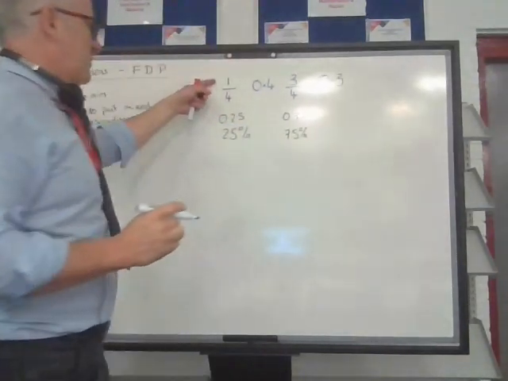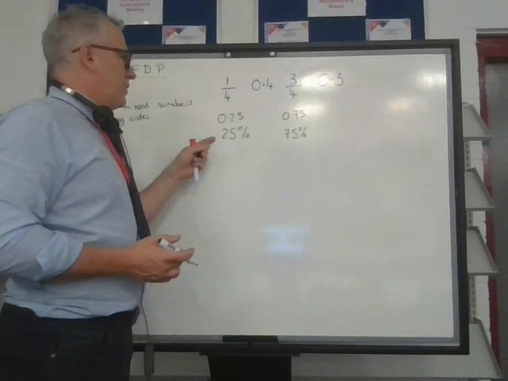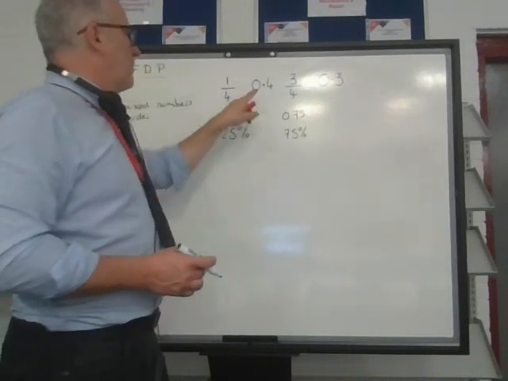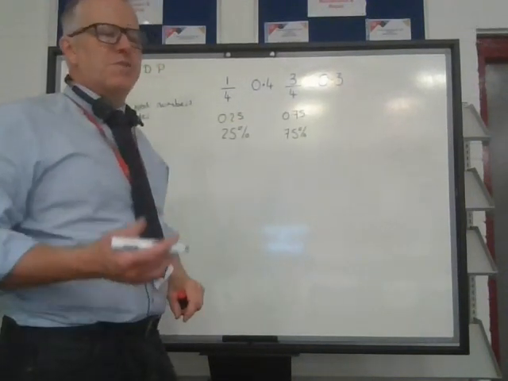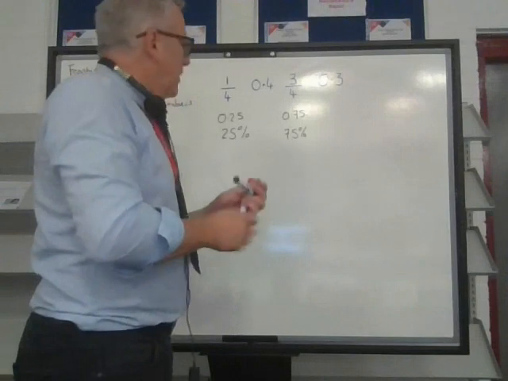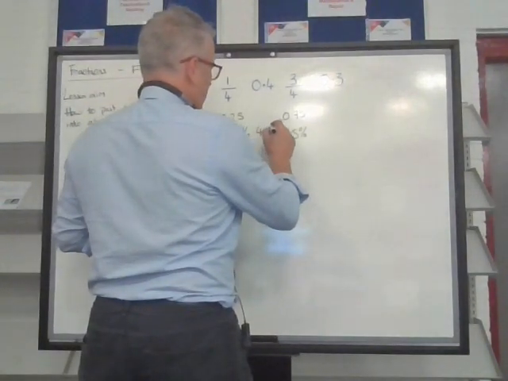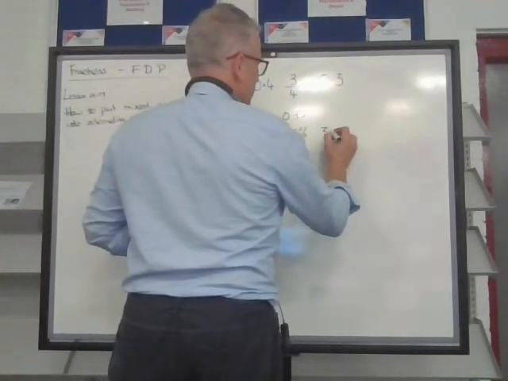I'll prove that in a minute, but it's common knowledge that a quarter is 25% and 3/4 is 75%. 0.4, 0.3, well, to turn 0.4 into a percentage, times by 100, so that's going to give us 40%. 0.3 times by 100 is going to give us 30%.